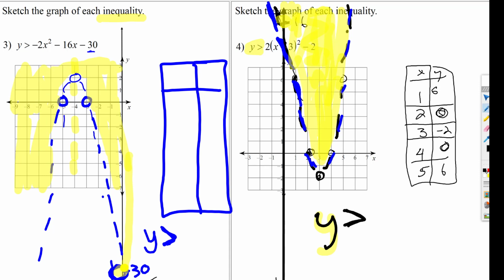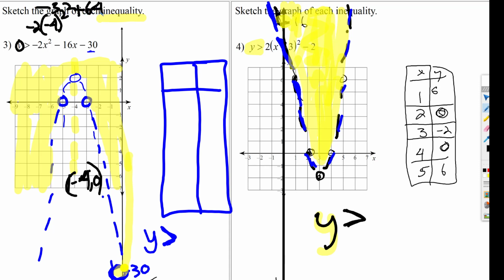If you don't like that method, you would just pick a point inside here. Let's say x is negative 4, y is 0. So y is 0, and we're going to put a negative 4 in there. Negative 2 times negative 4 squared. Well, negative 4 squared is 16. That's negative 32. And when we put a negative 4 here, that's positive 64.